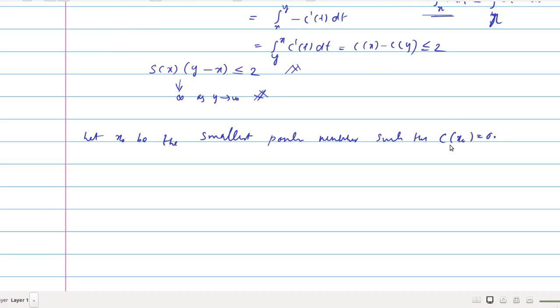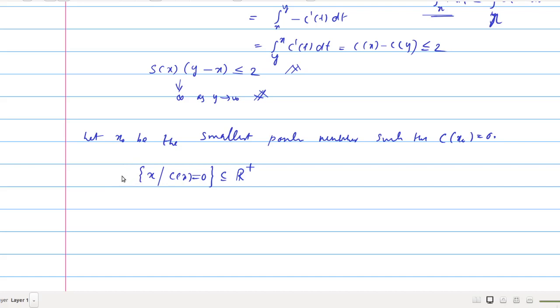This exists because if we consider the set of all x such that c of x equals 0, it's a subset of R plus, we consider positive values, then you take the smallest one. The smallest such one exists because this is a bounded set. This starts from 0, and every set bounded below has a greatest lower bound.